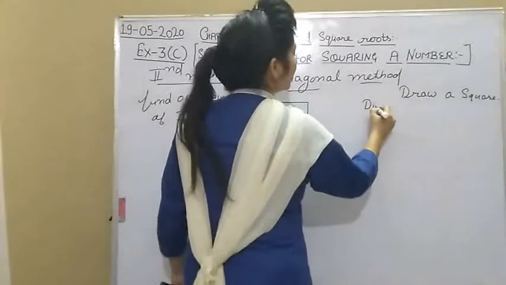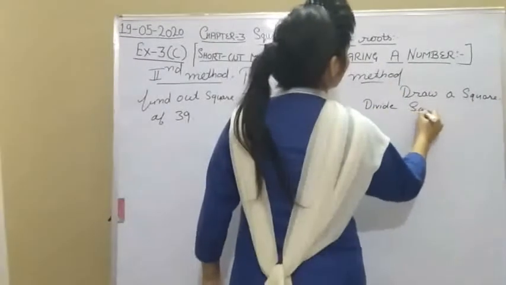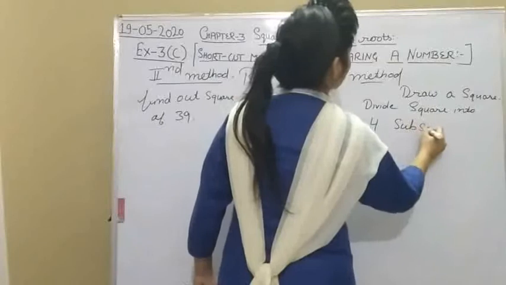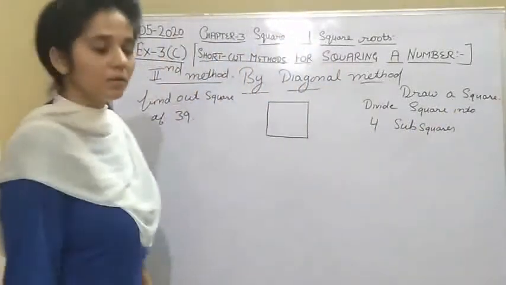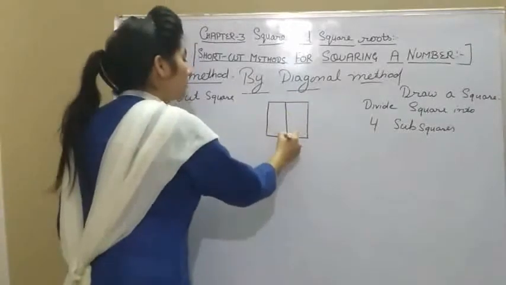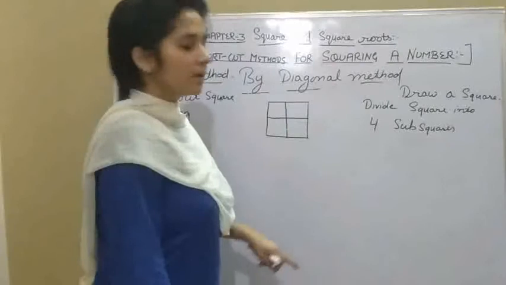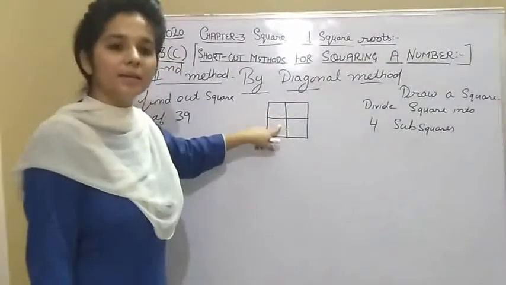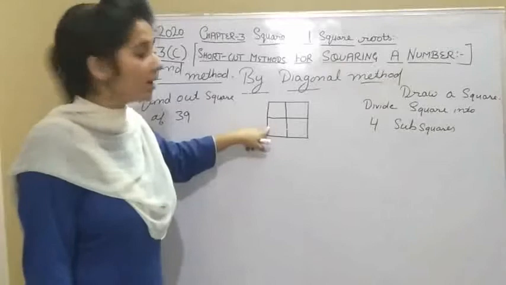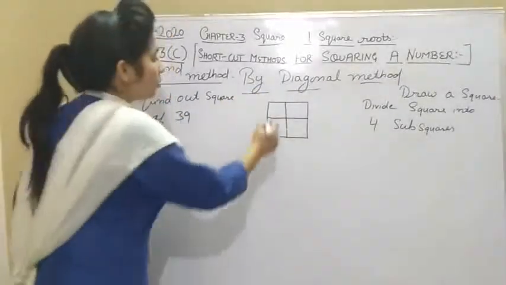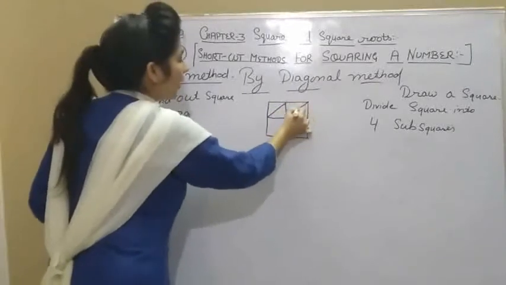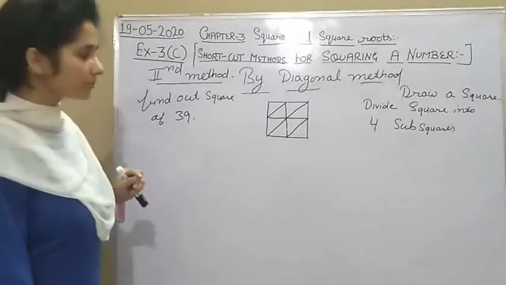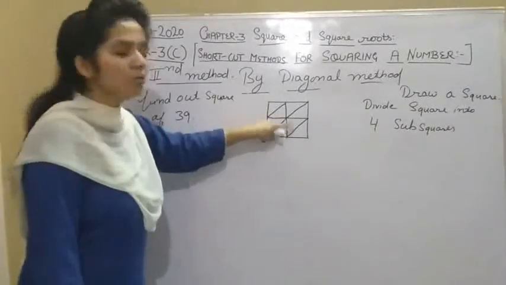And after that, divide the square into 4 sub-squares. Into how many parts will we divide the square? We will divide it into 4 squares. After that we will make the diagonals. There are 3 diagonals: 1, 2, 3.